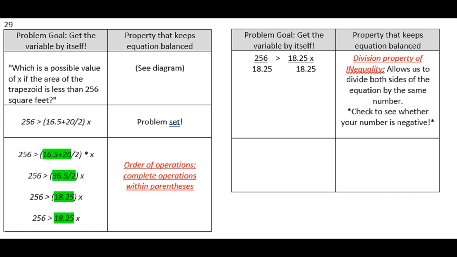If it's negative, you have to flip the sign. Thankfully, everything here is positive, so we don't have to change anything. We have 14.03 is greater than x. Now, I'm just going to change the position here to make it easier to see. 14.03 is greater than x, or x is less than 14.03. Same thing. The answer here is A.